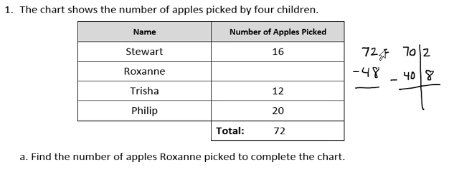In order to subtract in my ones column, I need to take one of the 10s from the 70, that leaves 60, and I'll combine that 10 with the 2 ones already there. That makes that 12. 12 minus 8 is 4, 60 minus 40 is 20. Then I combine these for a final answer of 24. So 72 minus 48 is 24, and that's how many apples Roxanne picked.